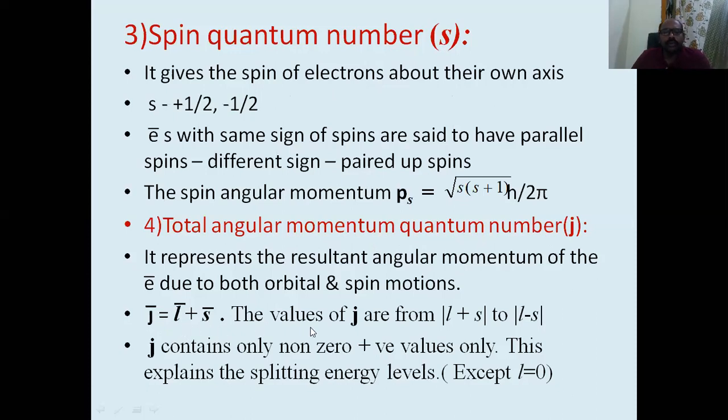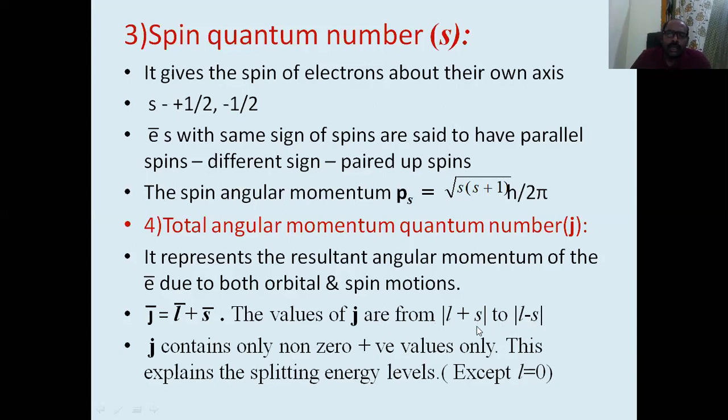If we see the numerical values of j, it ranges from mod L plus S to mod L minus S. That means j possesses only positive values.